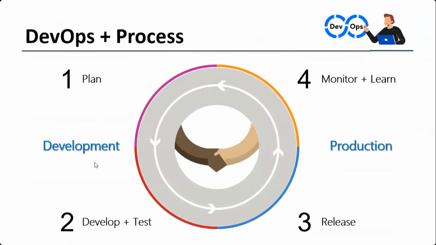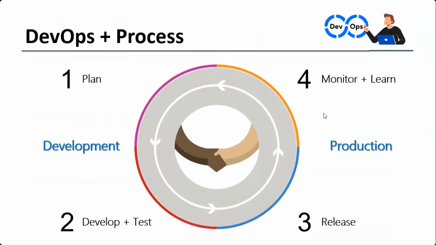By integrating the planning, development, testing, releasing and monitoring into a very cohesive cycle, DevOps practice ensures that software is developed efficiently, deployed reliably and continuously improved based on real-world feedback. So this actually fosters the collaboration between the development and the operation teams.